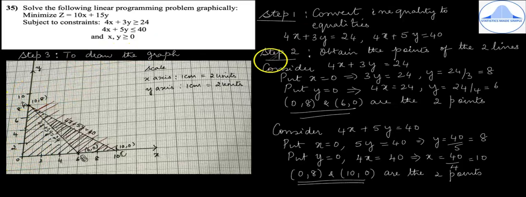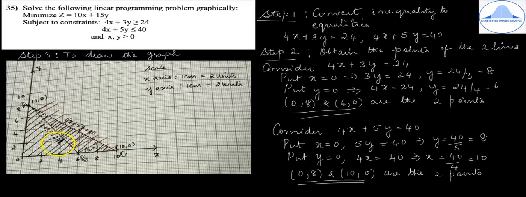Next, to draw the line 4x plus 3y equal to 24, first we mark (0, 8) on the y-axis here and then (6, 0). Then these 2 points are joined by a straight line and on this line we write the equation 4x plus 3y equal to 24.